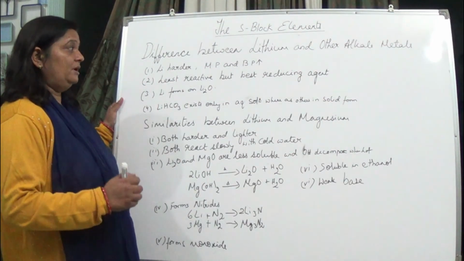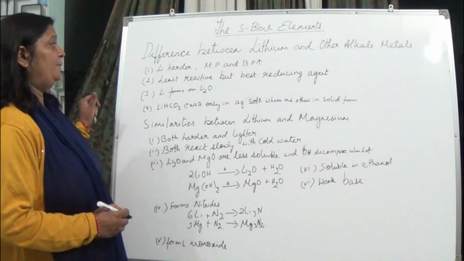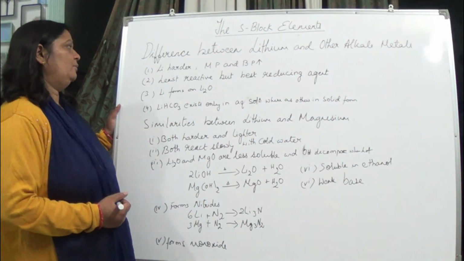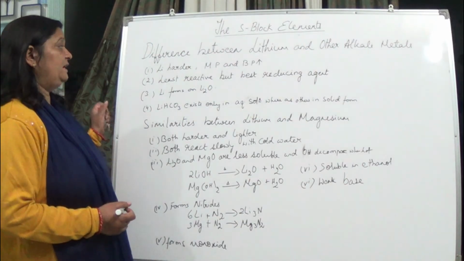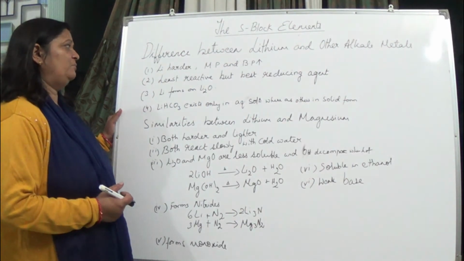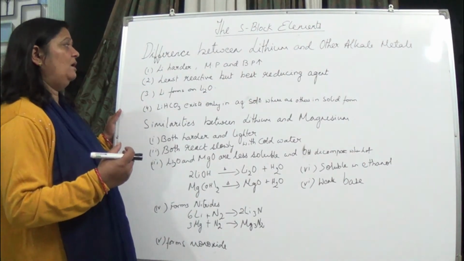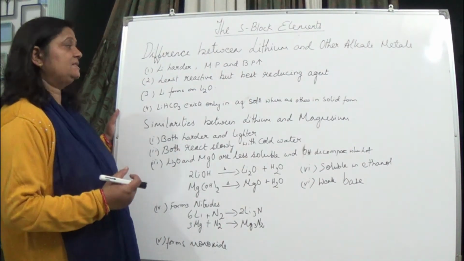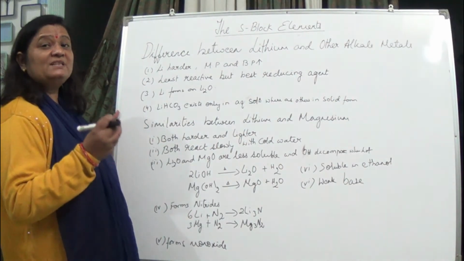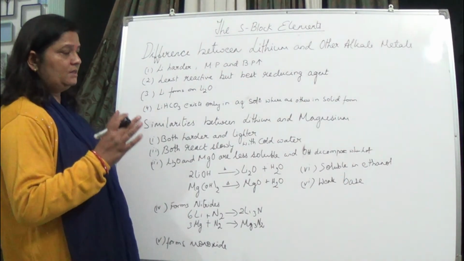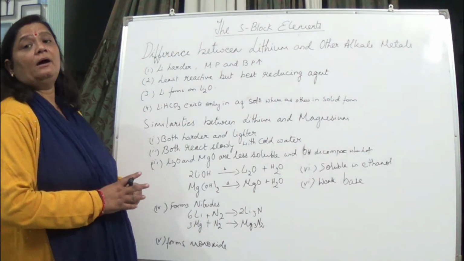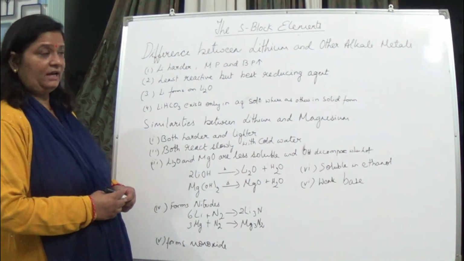When it is hard, naturally its melting and boiling points will be high. Hard in nature, higher melting and boiling points, these all say that it is not so reactive. So lithium is the least reactive of the alkali metals, and it is the best reducing agent.